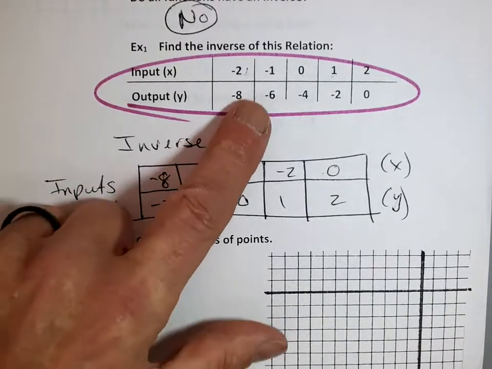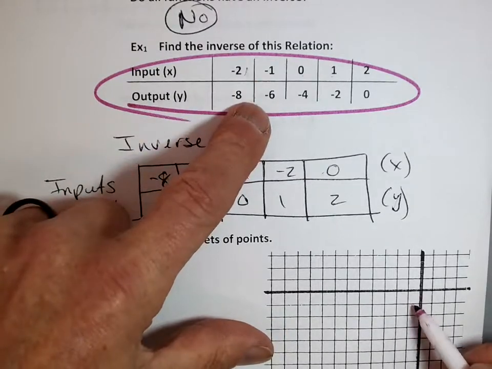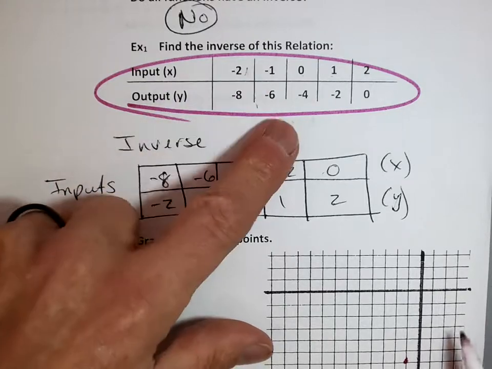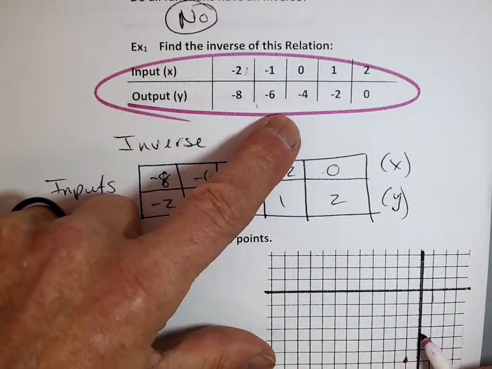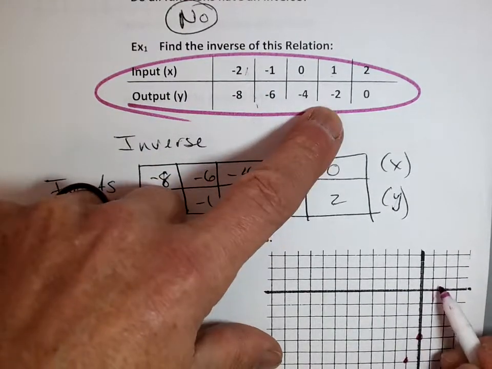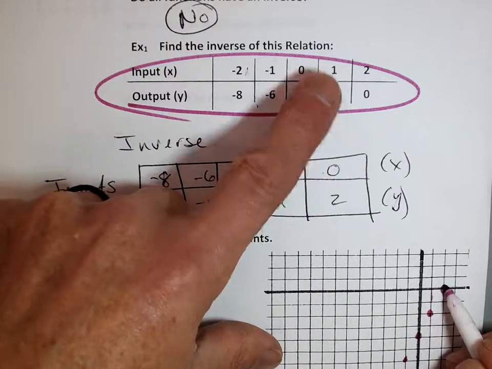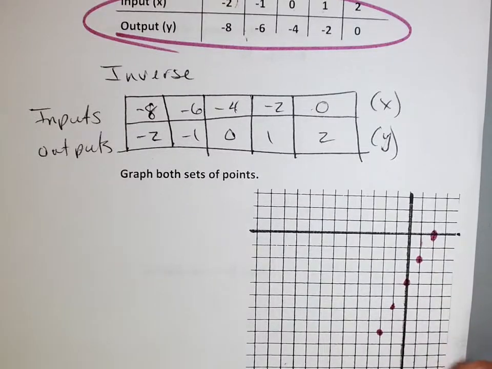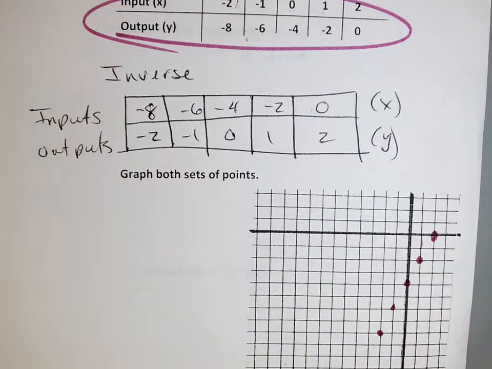Then I'm going to graph the point -1, -6. I'm going to graph the point 0, -4, 1, -2, and 2, 0. Now I'm not going to connect the dots, even though you did, it's okay. I'm just going to leave them as points for right now. When I do the graphs, I definitely will connect those.